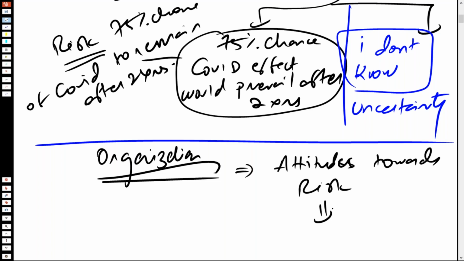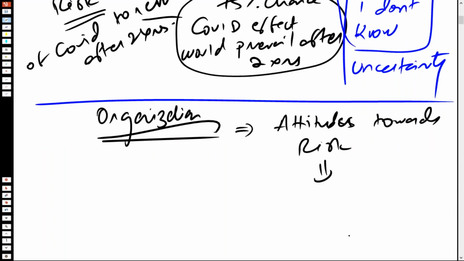And what exactly are the attitudes, generally speaking, towards the risk? The attitude towards the risk could be that you may think about transferring the risk to somebody.